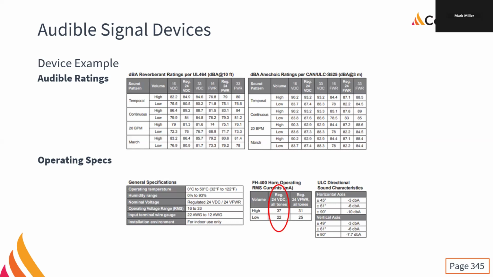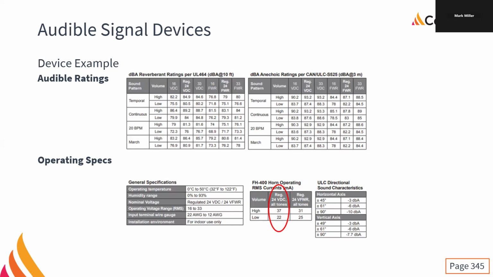Because fire alarm systems are in volts DC. We use 24 volts DC because we run off of batteries. The ratings for the 24 volts full wave rectified, that is if the horns are being used for other purposes.